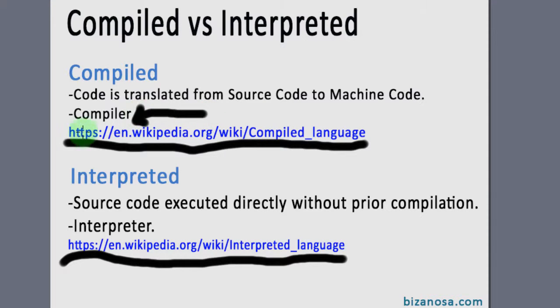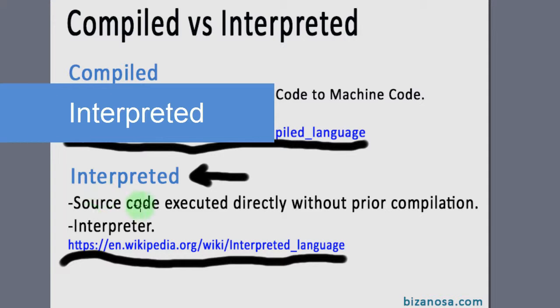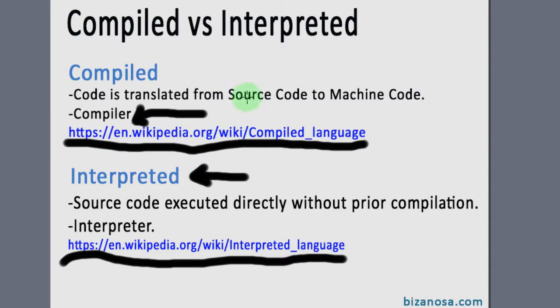As I've said, you can read more about all this in the Wikipedia pages, and then we have interpreted. In a moment, I will come to an illustration of these two in a way that you can understand way better. Going back to compiled, examples are C++ and most .NET applications.